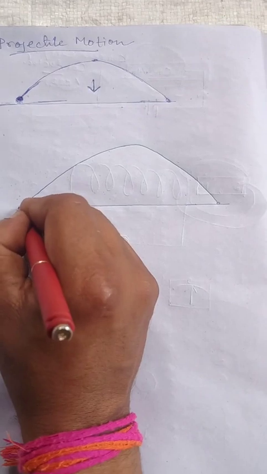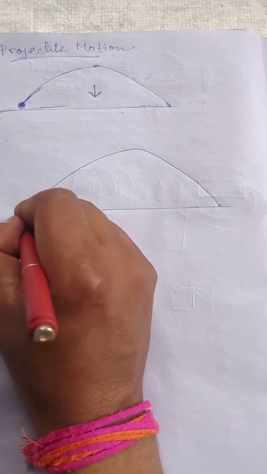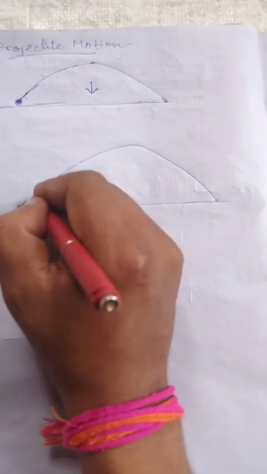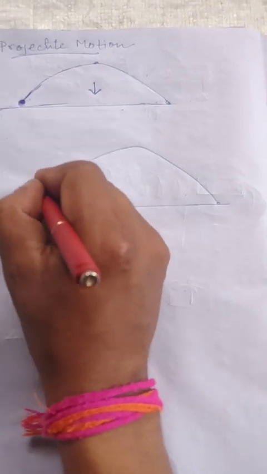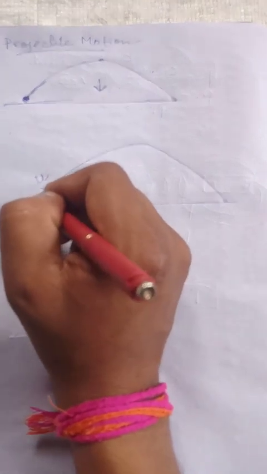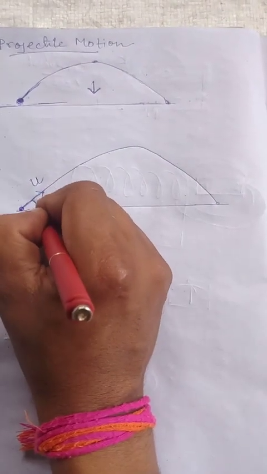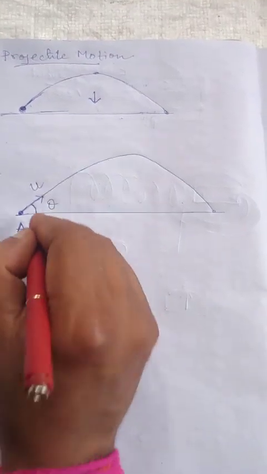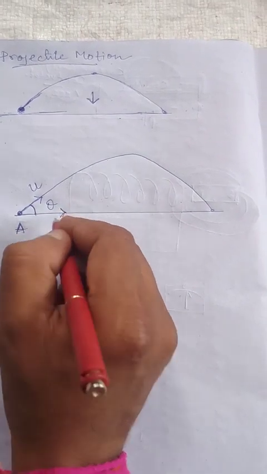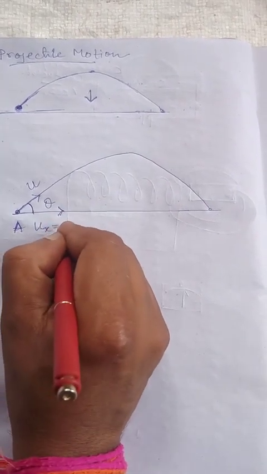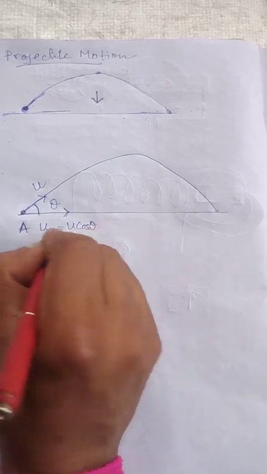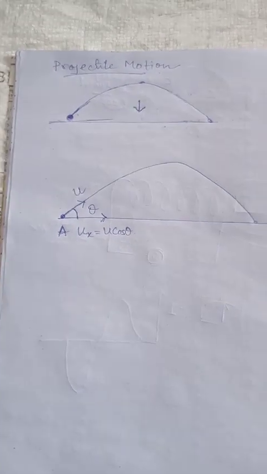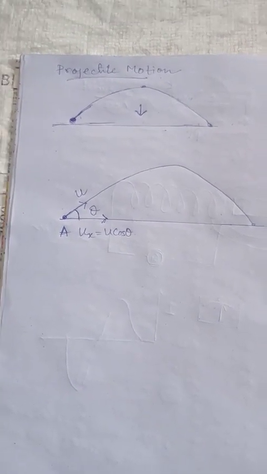Now let us consider that from here, on the plane or the surface of our earth, we throw this body with velocity u, and the angle with the horizontal line is theta. Then the component of that velocity along the x-axis is ux equal to u cos theta, directed along the x-axis, and because of that component this body will move a distance from that point.